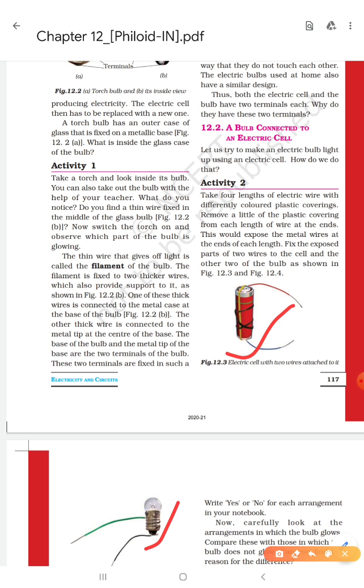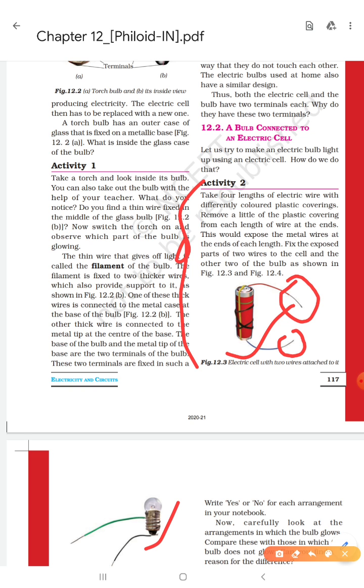For this we have to take 4 lengths of electric wire with differently colored plastic covering, and remove a little of the plastic covering from each length of wire.